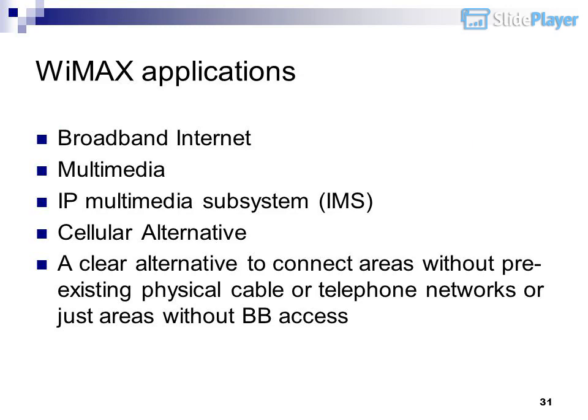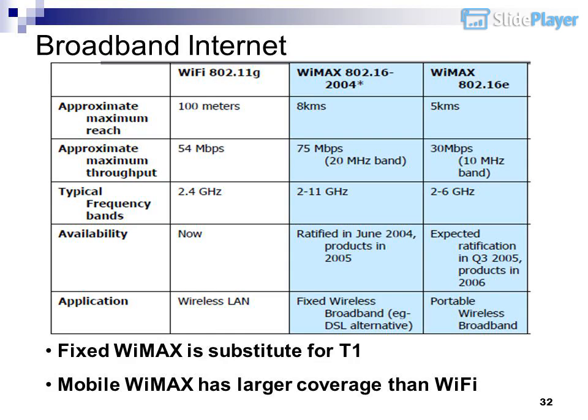WiMAX applications: broadband internet, multimedia, IP multimedia subsystem, IMS. Cellular alternative: a clear alternative to connect areas without pre-existing physical cable or telephone networks, or just areas without broadband access. Fixed WiMAX broadband internet is a substitute for T1. Mobile WiMAX has larger coverage than Wi-Fi.